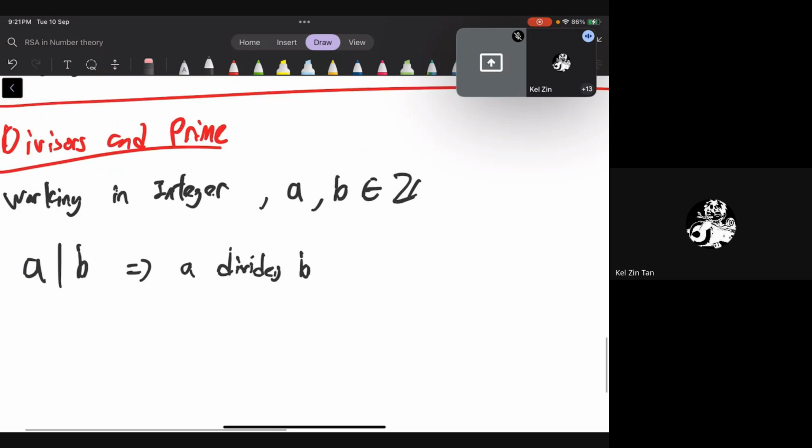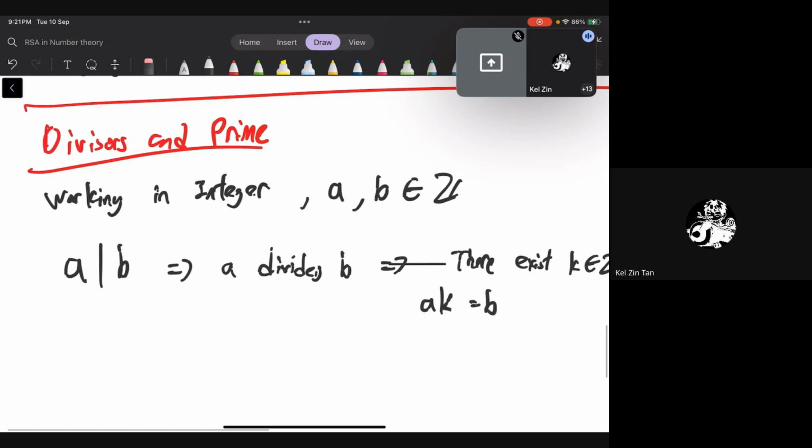A divides B means that there exists an integer k such that AK is equal to B. It's just a very fancy notation to describe divisibility, but it's quite useful, and we will use it quite a lot.